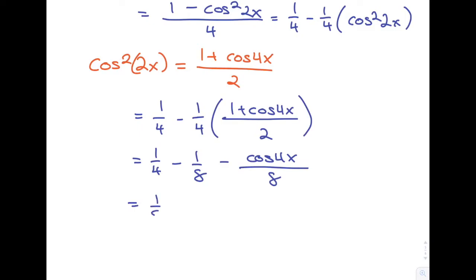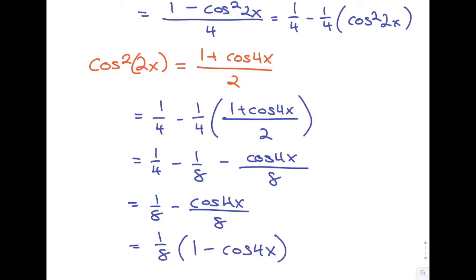So we have 1/8 minus cosine 4x over 8, or in other words, 1/8 times 1 minus cosine 4x. So this equals sine squared x times cosine squared x in terms of the first power of cosine.